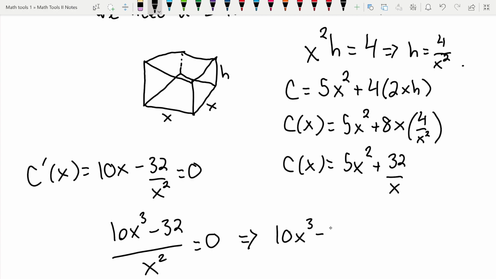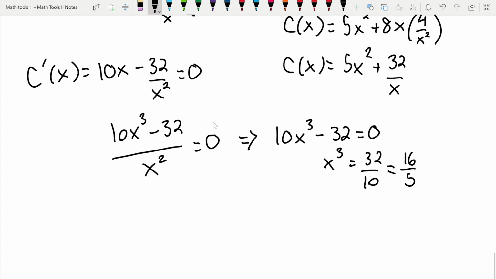So 10x cubed minus 32 equals 0. So we get x cubed equals 32 over 10, which would be 16 over 5. So this is going to imply that x is equal to the cube root of 16 fifths.